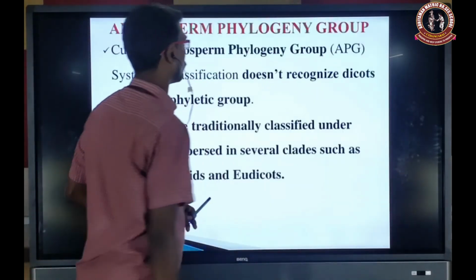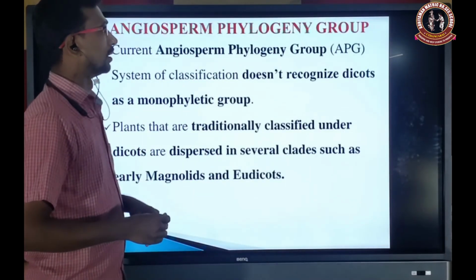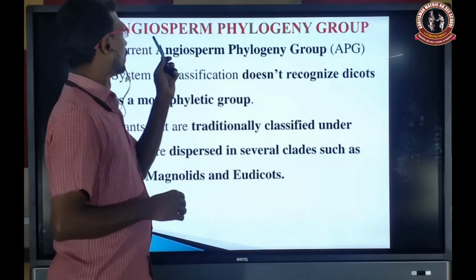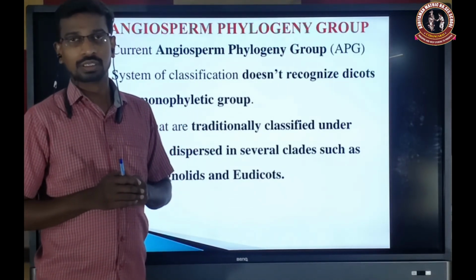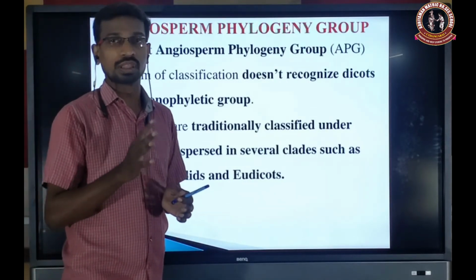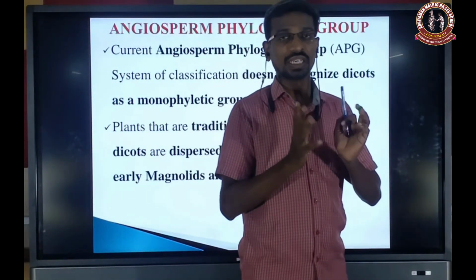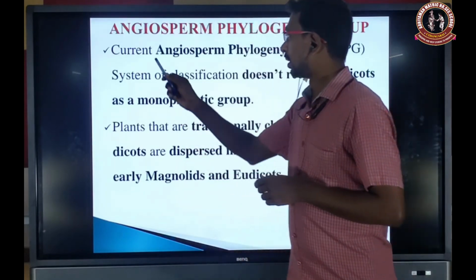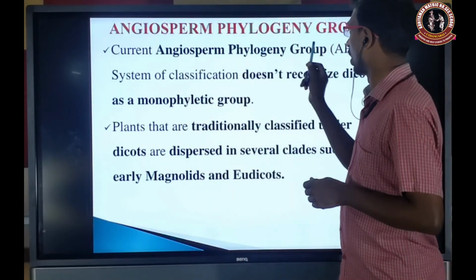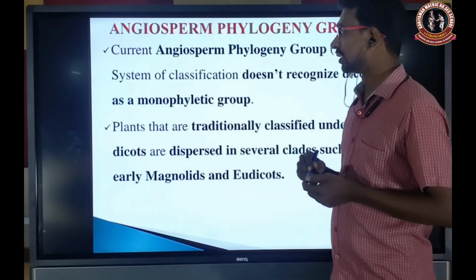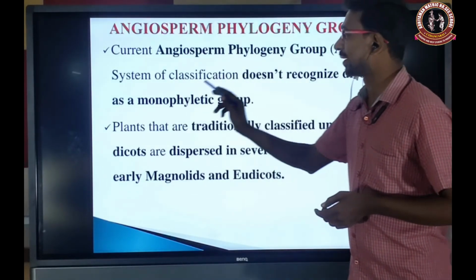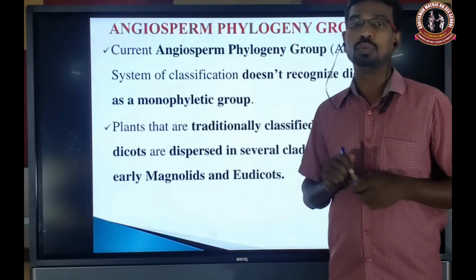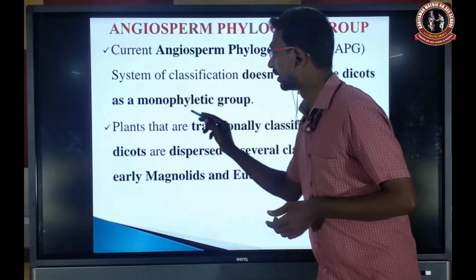Next, APG, the Angiosperm Phylogeny Group. That is a recent advanced system of classification. The current APG system of classification doesn't recognize the dicots as a monophyletic group. What is a monophyletic group?